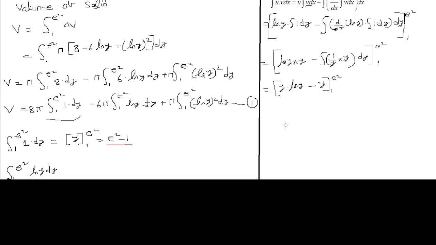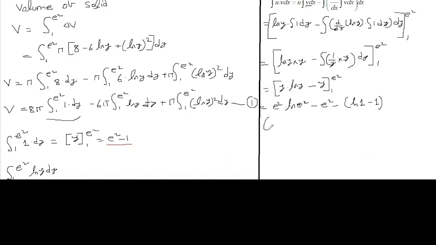So now you have to substitute the upper limit and the lower limit in the integral. If we substitute the value of the upper limit, that is e square here, it will give us e square ln e square minus again e square, and for the lower limit this is ln 1 minus 1.